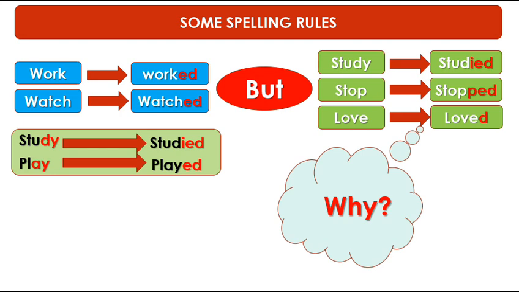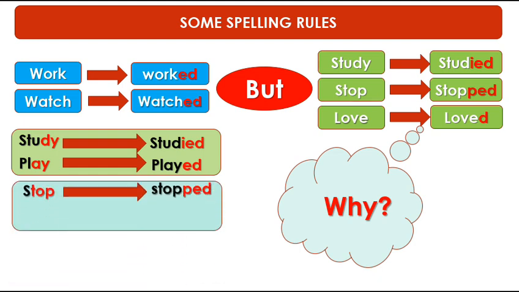The second case, which is stop, stopped, that we double the last consonant. In stop, we double p plus ed. In this case, we have to look at the three last letters of the verb. If it is consonant, vowel, consonant, then we double the last consonant and add ed, as the case in stop, stopped.